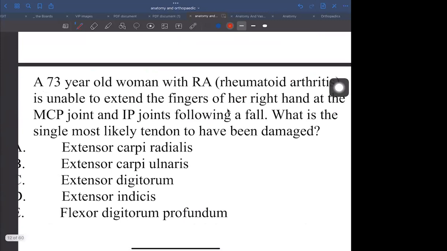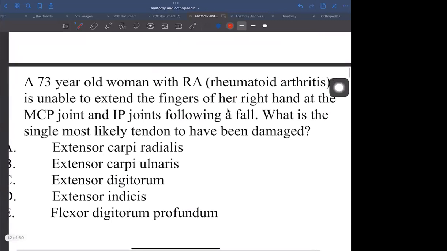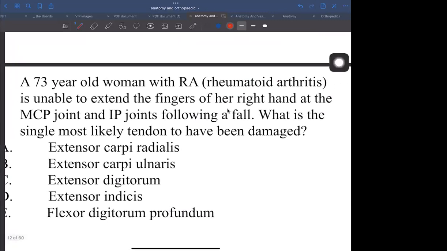Okay, do you want to read that? A 73-year-old woman with rheumatoid arthritis is unable to extend her fingers of the right hand at the MCP joint and the IP joints following a fall. What is the single most likely tendon that is damaged? She's unable to extend.